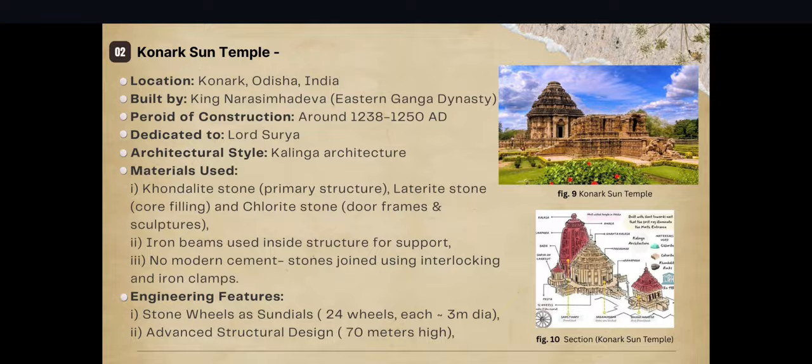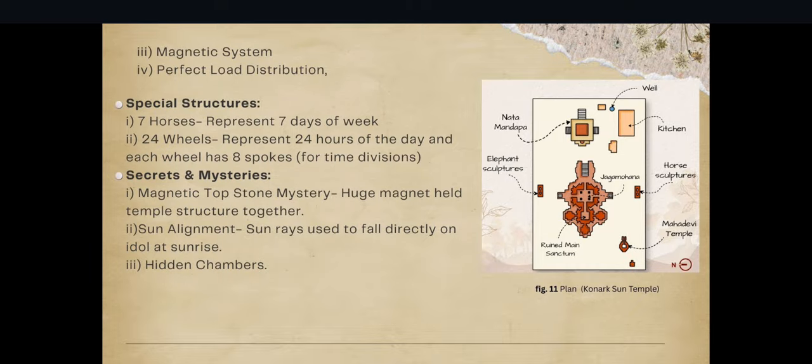No modern cement. Engineering features: stone wheels, a sundial of 24 wheels, each with a diameter of 3 meters. Advanced structure design of 60-meter height, magnetic system, perfect load distribution. A special feature of this structure is 7 horses, which represent 7 days of the week, and 24 wheels represent 24 hours of the day.